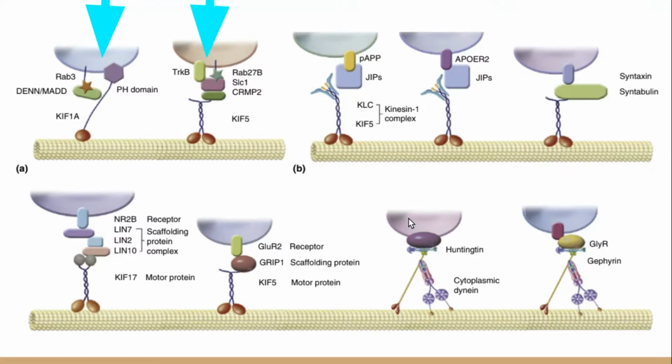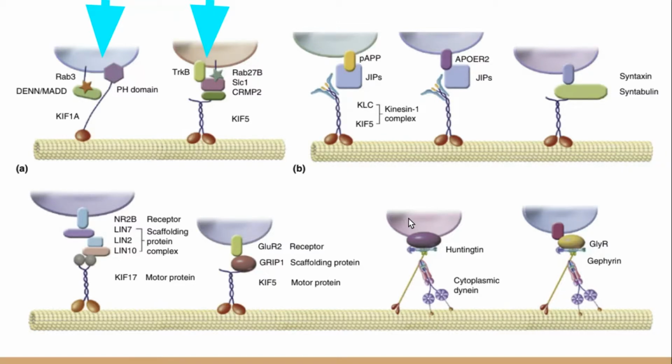Next is an example of TrkB positive vesicle transport. TrkB is the growth receptor for BDNF, brain-derived neurotrophic factor, and it can be tethered to kinesin 1. The gene name, again, is KIF5, but it's called kinesin 1, and it's tethered to kinesin 1 by this adapter called CRMP2.